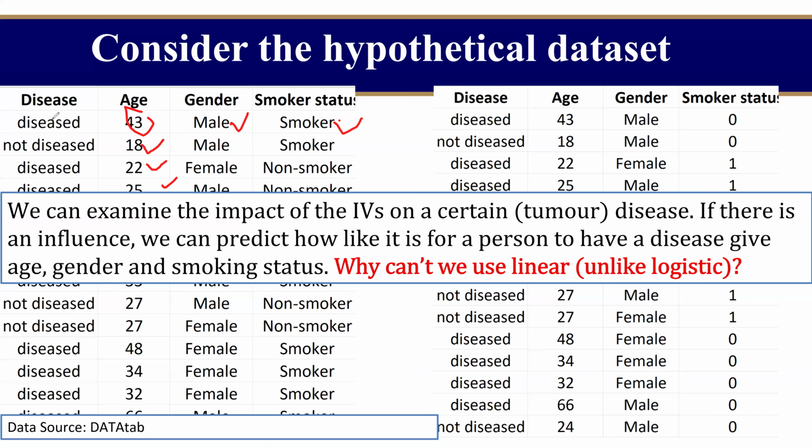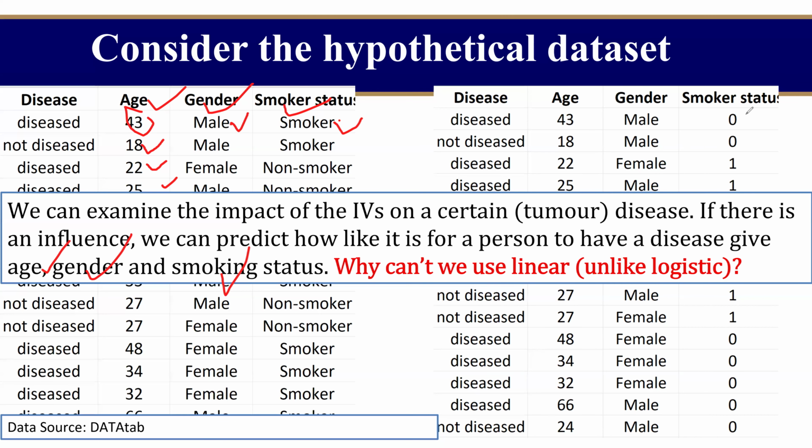We can examine the influence of each of these independent variables on the tumor, the presence or the absence of a tumor. If there is any influence at all, then we can use that to predict how likely it is for the person to have a disease, given his age, his gender, his smoking status.